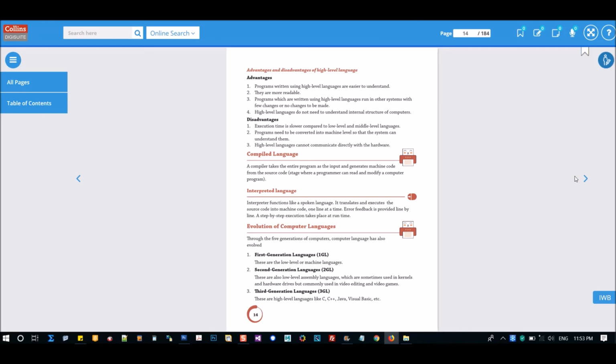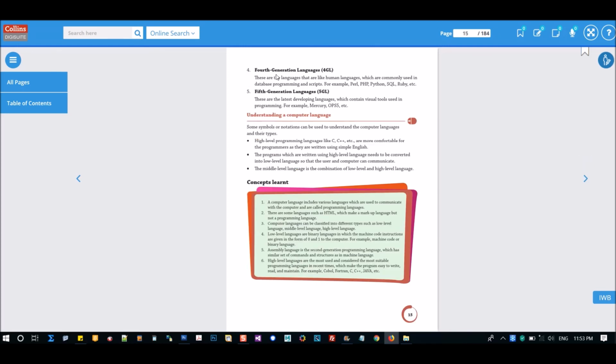Next, fourth generation languages: examples are Perl, PHP, Python, SQL, Ruby, etc. And for the fifth generation, we use for example Mercury and OPS5. So you have to know the different kinds of languages according to the generation.